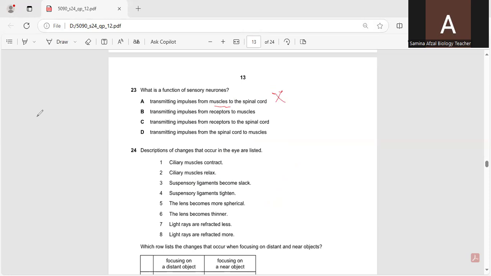Transmitting impulses from receptors to the muscles, wrong. Transmitting impulses from receptors to the spinal cord, the correct option. Transmitting impulses from spinal cord, wrong option. Only C is the correct option, as the sensory neurons take the messages from the receptors towards the central nervous system.